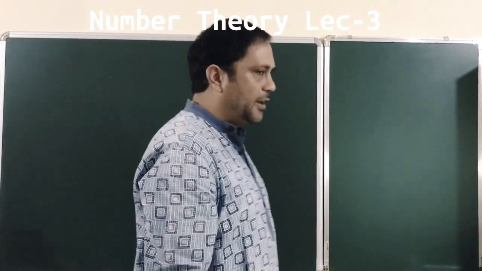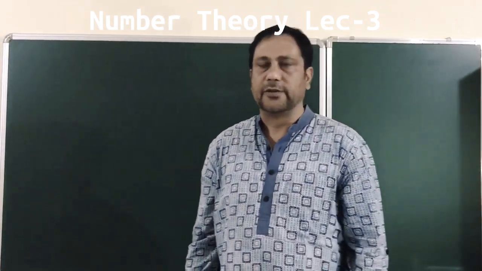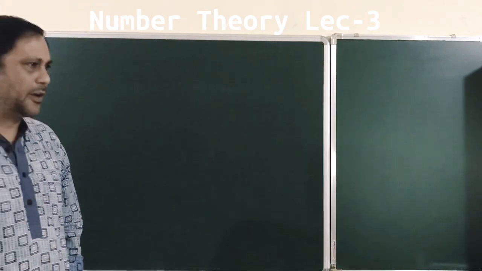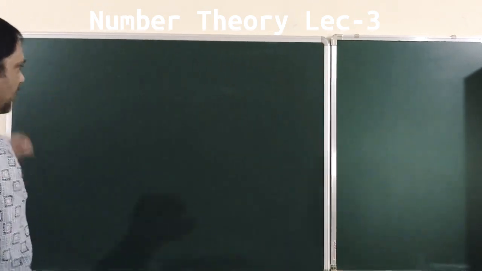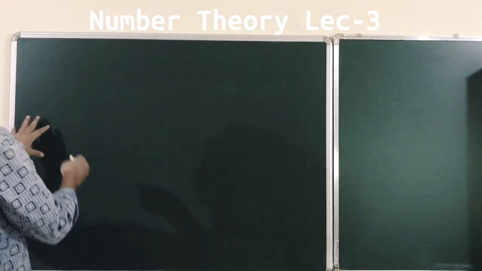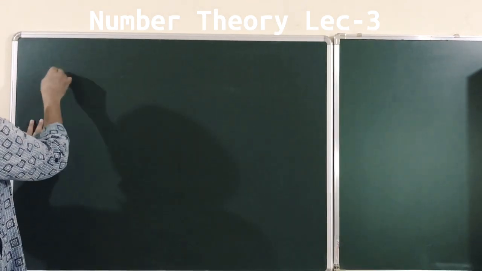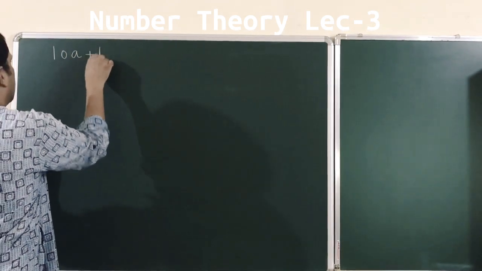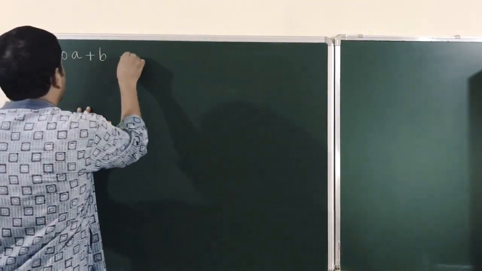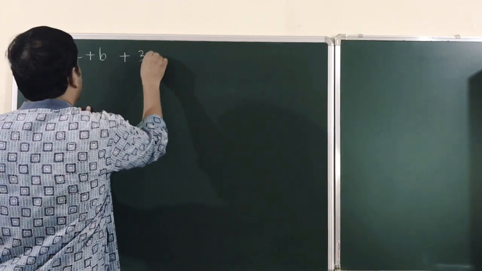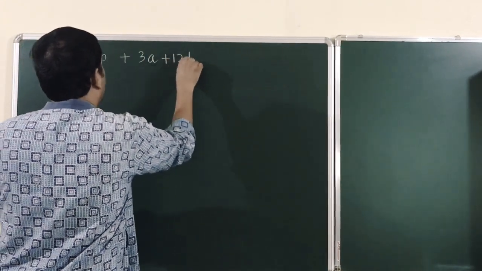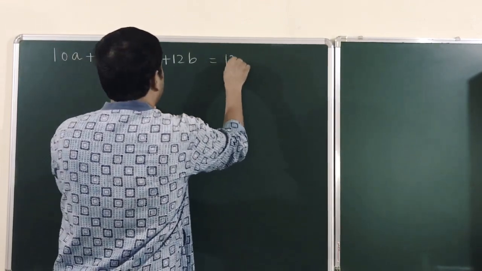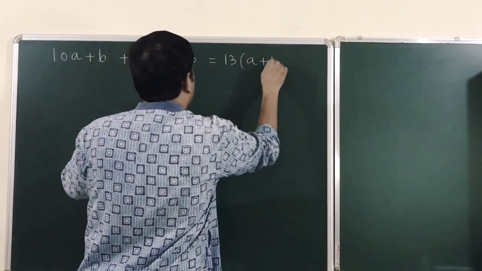Similarly, we can develop the divisibility rule for 13 also, and for 17, 29, so many numbers' divisibility we can form. So let's say we have to form the divisibility with 13. We can write 10a plus b plus 3a plus 12b, and this equals 13 times a plus b.